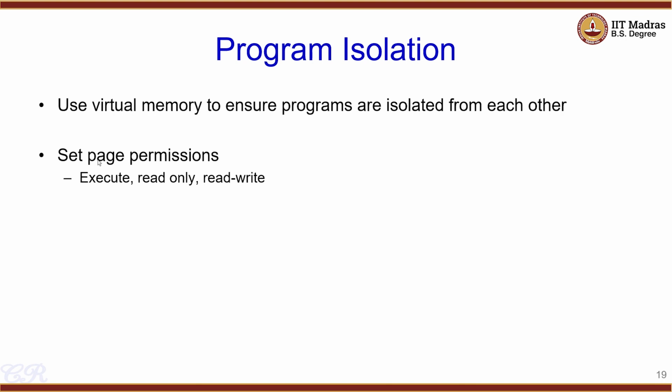So you could have a certain region of your virtual address space which is marked as execute. What it means is that instructions that need to be executed can only be present in this particular region, right? You could have another region of memory which is marked as read only, which means that any data present in this particular region can only be read, it cannot be modified, right.